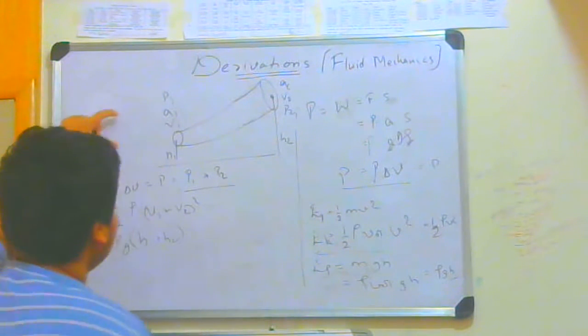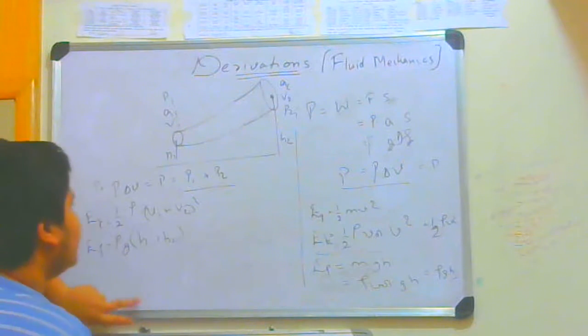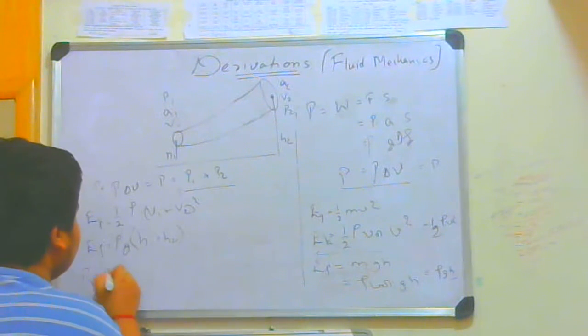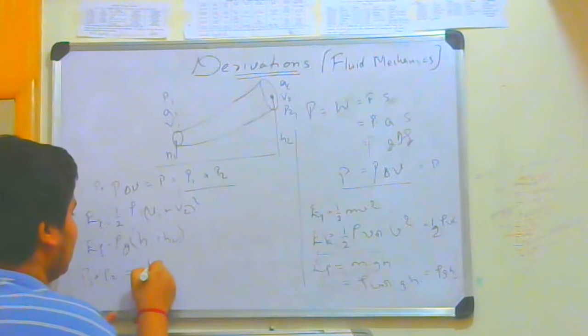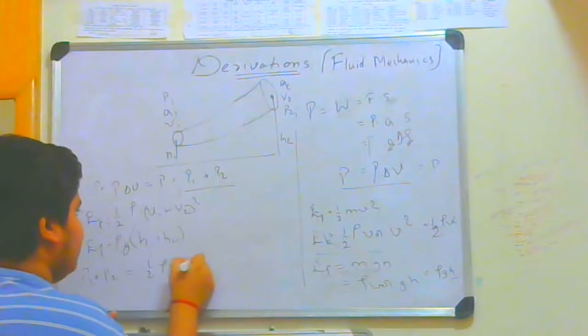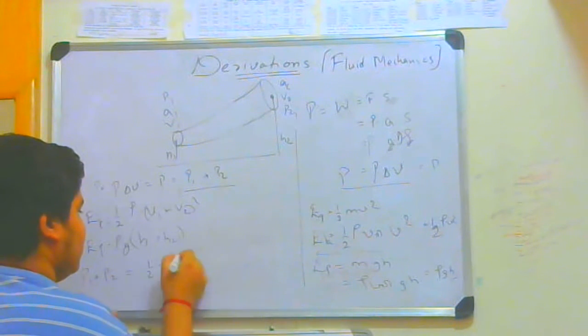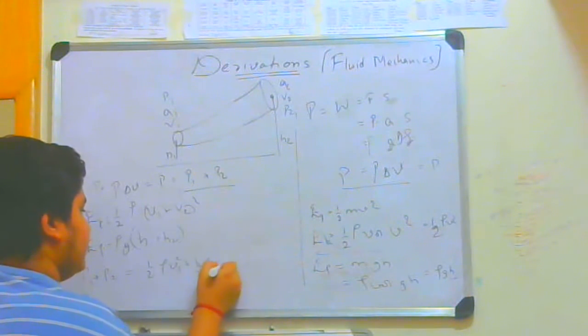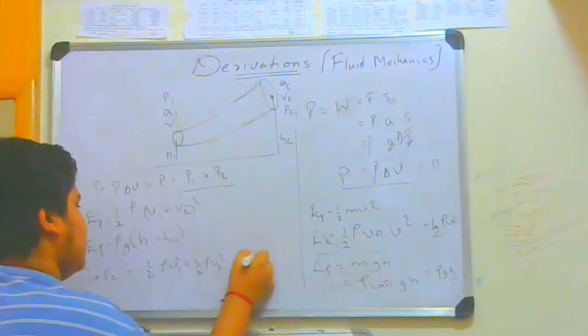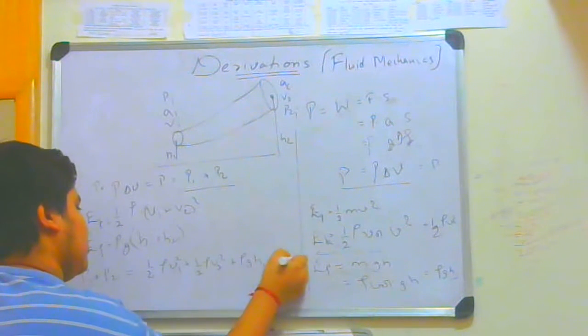Okay, now he says these are equal because at equilibrium p1 plus p2 equals half rho v1 square plus half rho v2 square plus rho g h1 plus rho g h2.